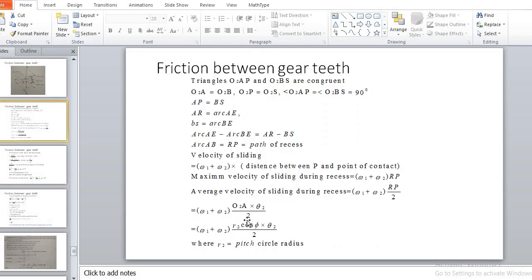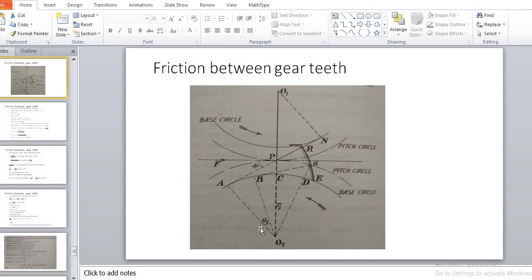So this will be put here: arc O2A. Now this radius we consider as O2A, and this O2A is somewhat different. It is not equal to R2. We can calculate O2A by considering triangle O2AP.